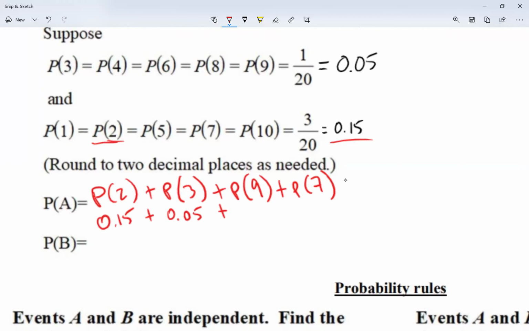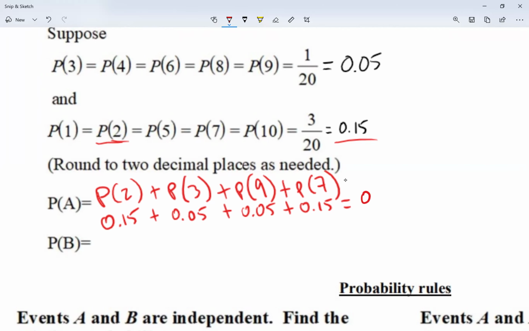Probability of 9, I know is 0.05. And probability of 7 happening is 0.15. Now, add everything. Add the 4 decimal numbers. So I end up getting 0.40.